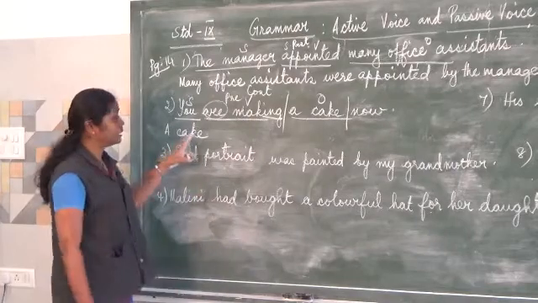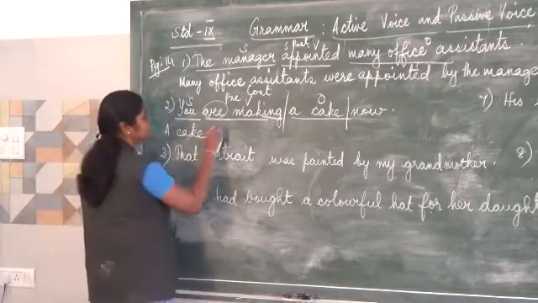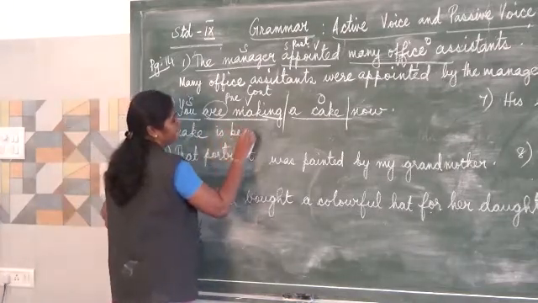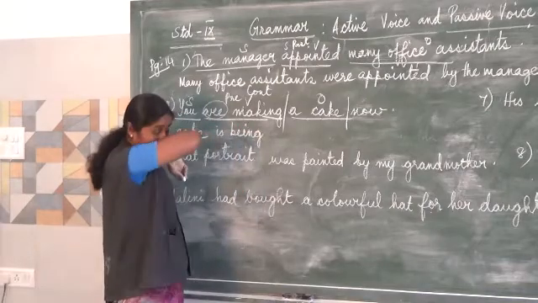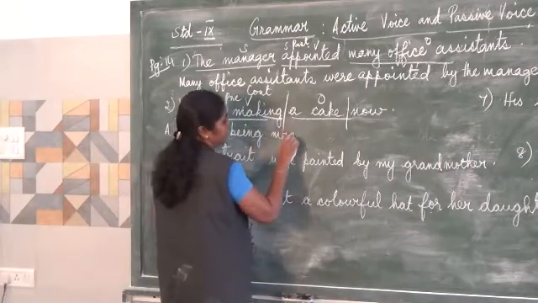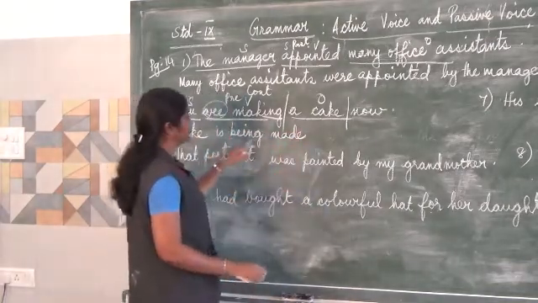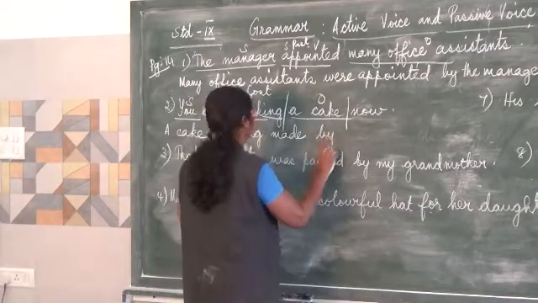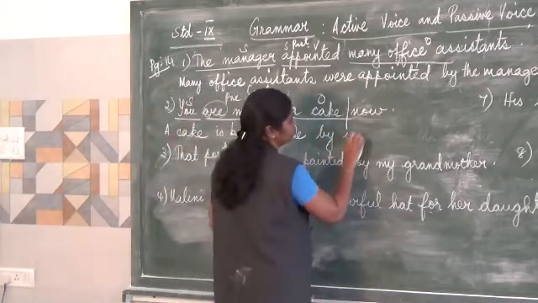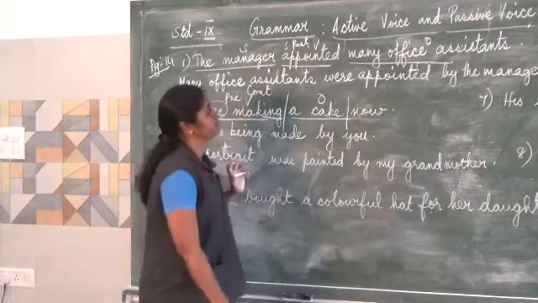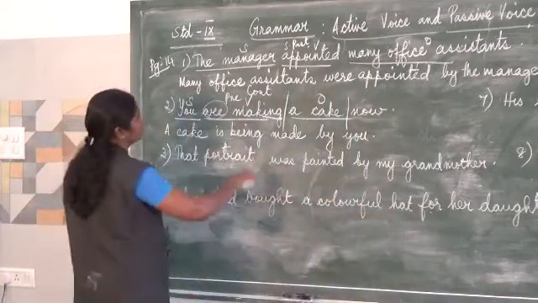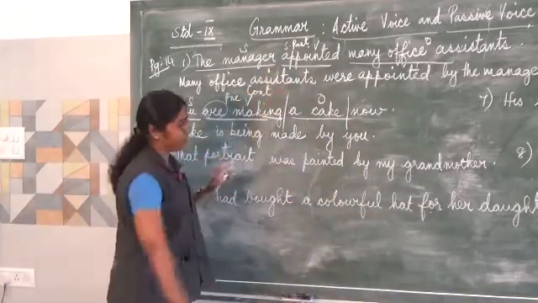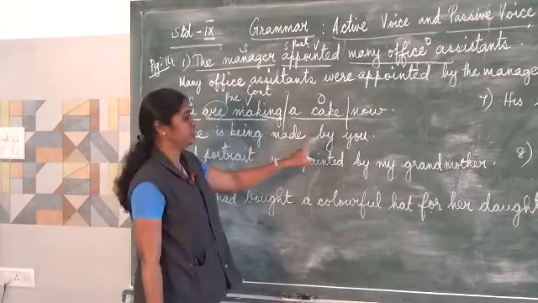Now a cake is singular, so is being made. A cake is being made by, what is the subject here? You. Is it clear? So this is active voice, so we have changed it into passive form. Again this is active, changed into passive form.